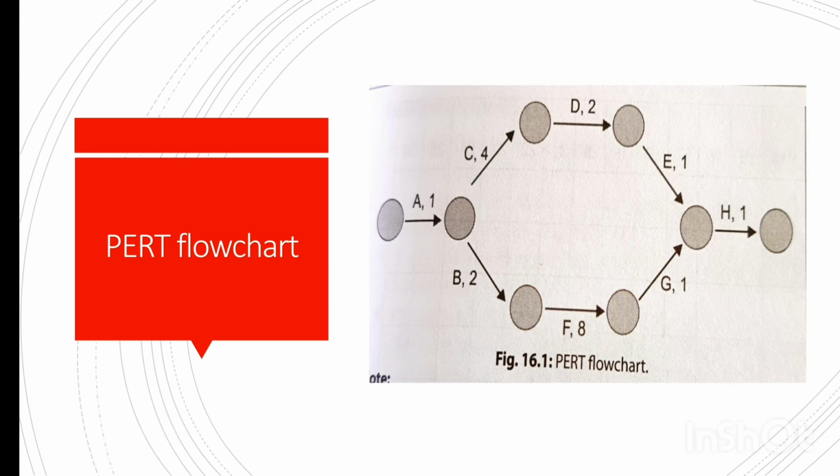Then these alphabets indicate different tasks and the time required to carry out the activity by numbers. So this is the critical path. Critical path means if 1 is there, before it will reach 2, it has to complete the task.